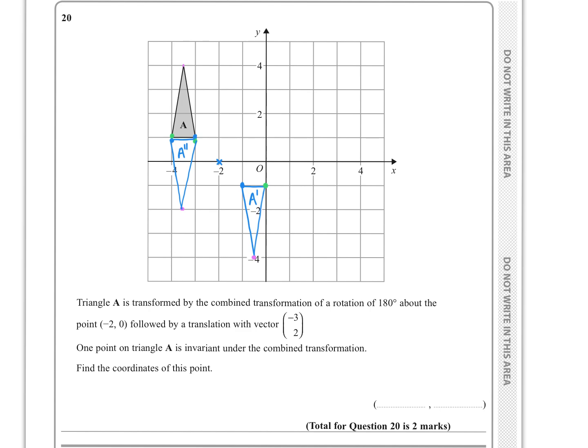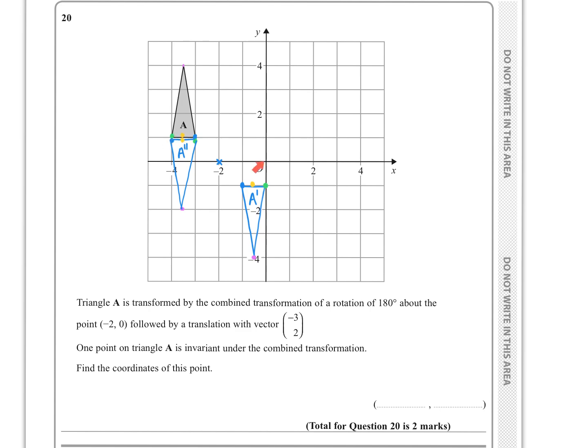And I think you've probably got it, and I'm going to change the colour. Let's have a look what colour we can use here. We'll go with this one. If you started here, then if you rotated it, you'd end up here. And then if you translated that back 3 and up 2, you would end up there. So it's actually the midpoint of this line here.